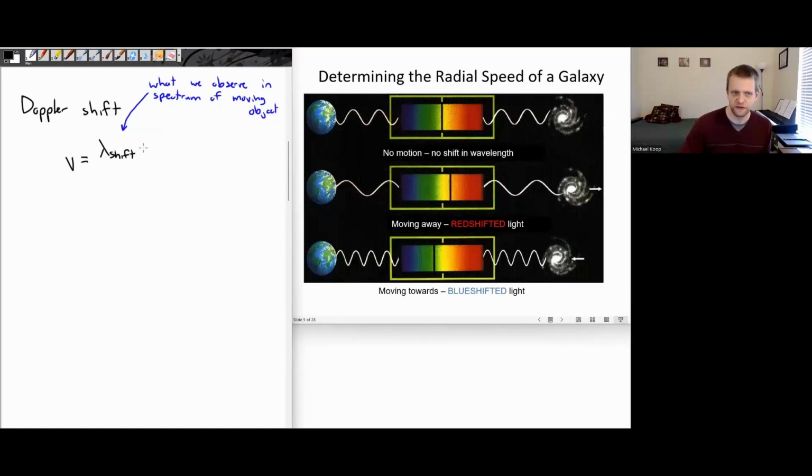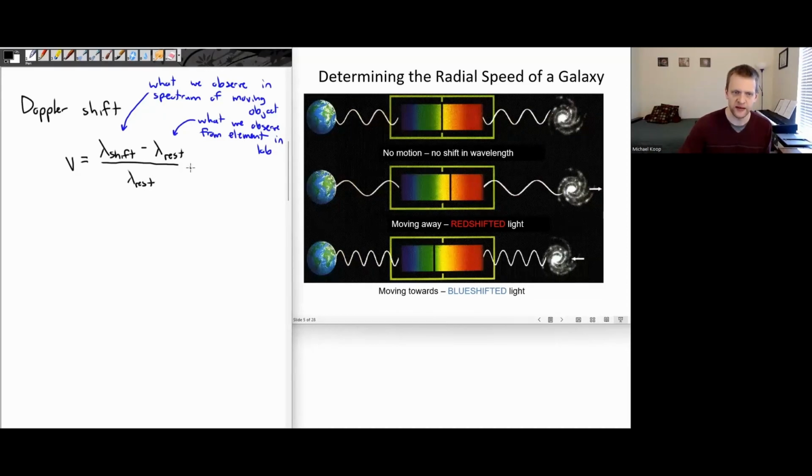So that shifted wavelength minus the rest wavelength, this is what we observe from the element in a lab, divided by the rest wavelength.